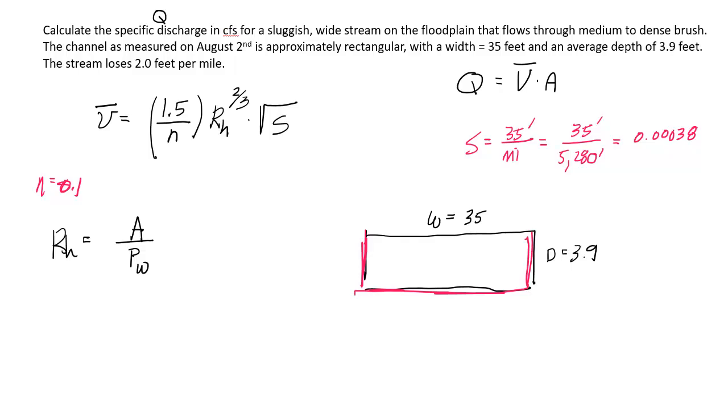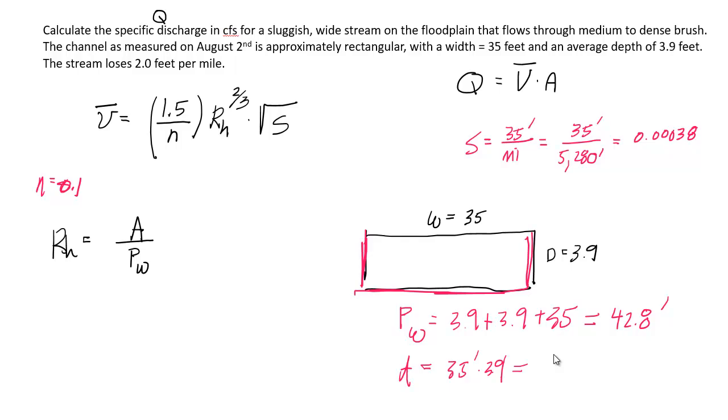So the wetted perimeter will equal 3.9 plus 3.9 plus 35, and that equals 42.8 feet. And the area is even easier. The area is just equal to 35 times 3.9, both in feet, and that is 136.5 square feet.